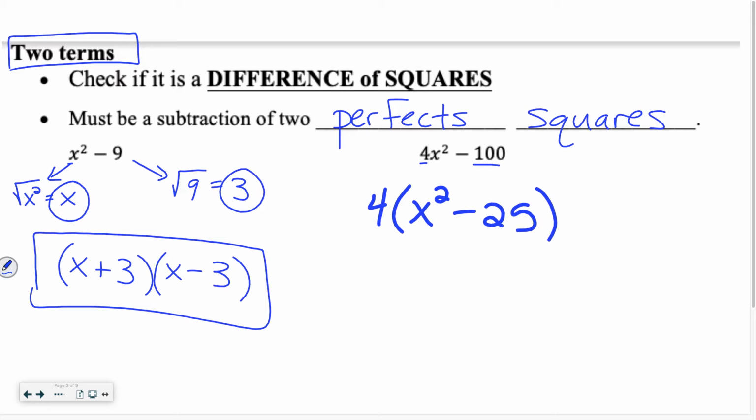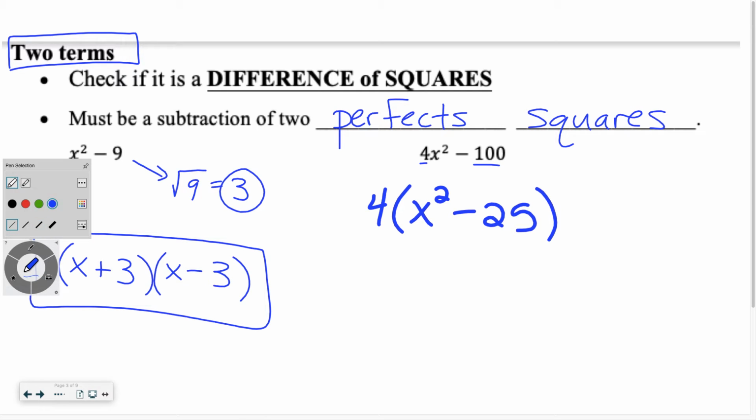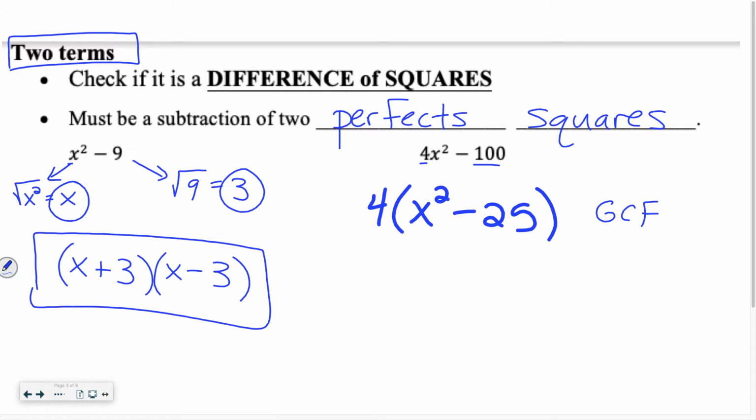So we do a GCF first. So let's put over here, GCF. And then if you look in parentheses, x squared is a perfect square, and so is 25. So we're actually going to split this apart into two parentheses and put 4 in the front, because that 4 stays there.